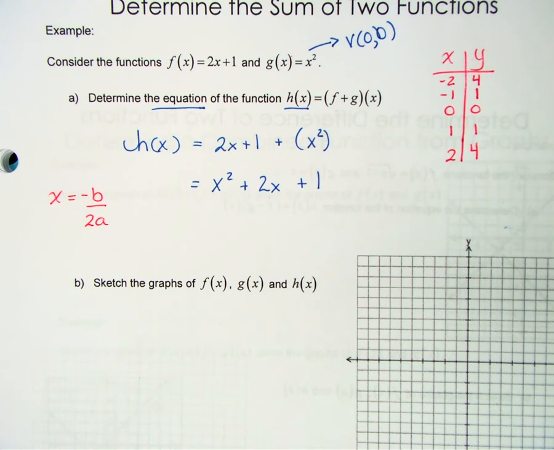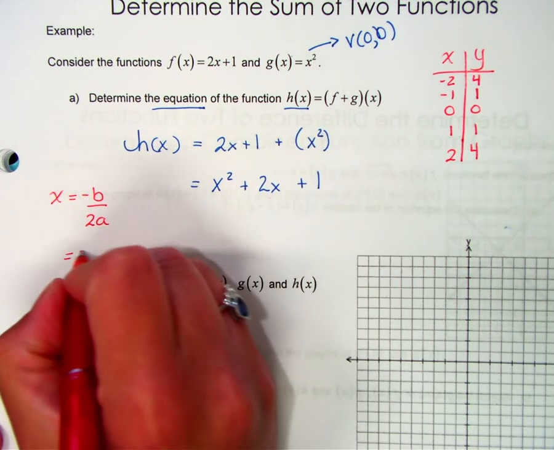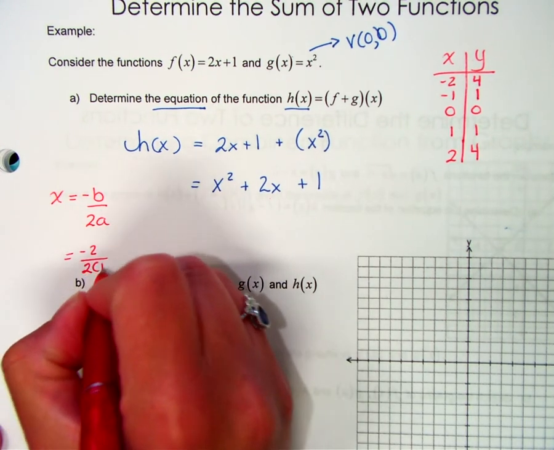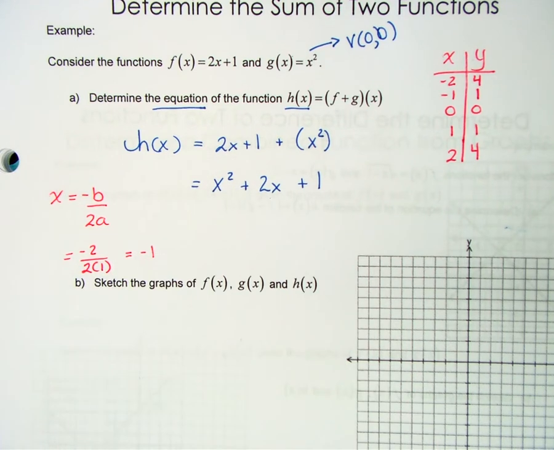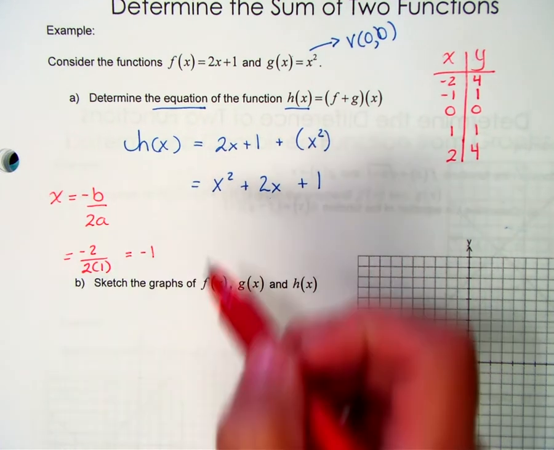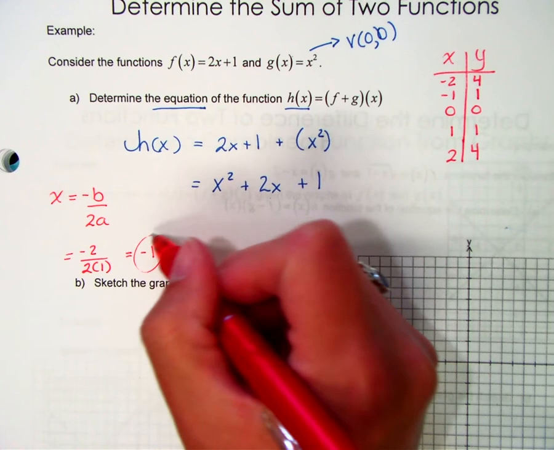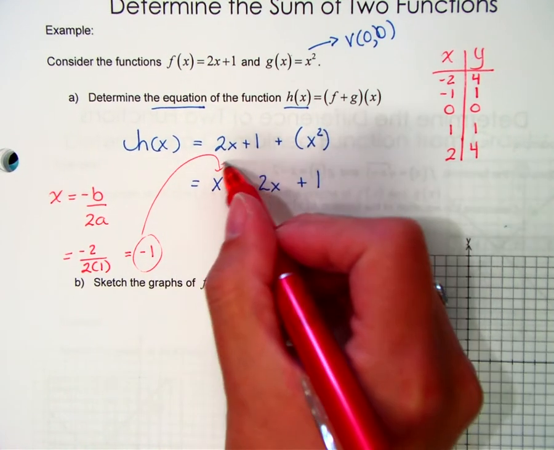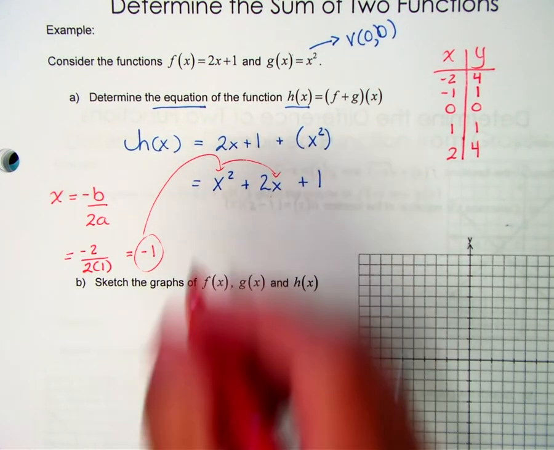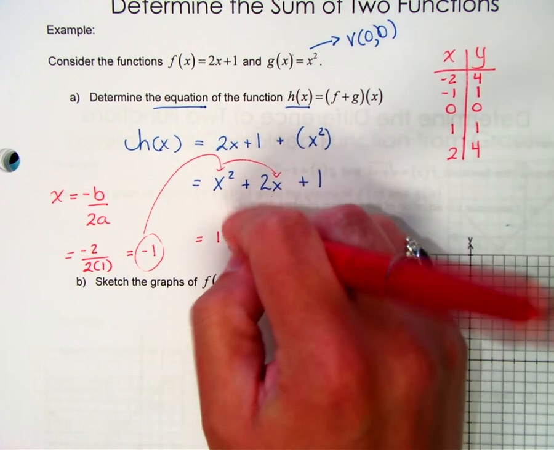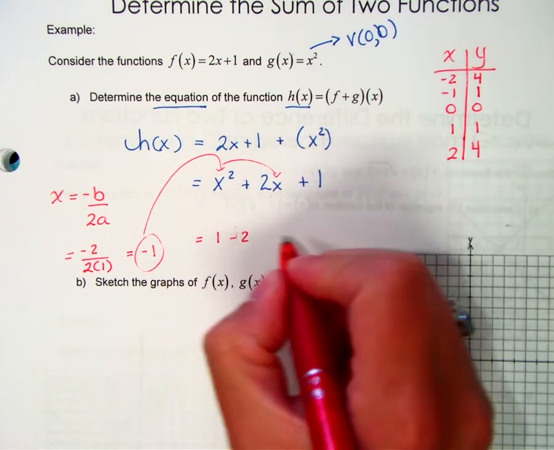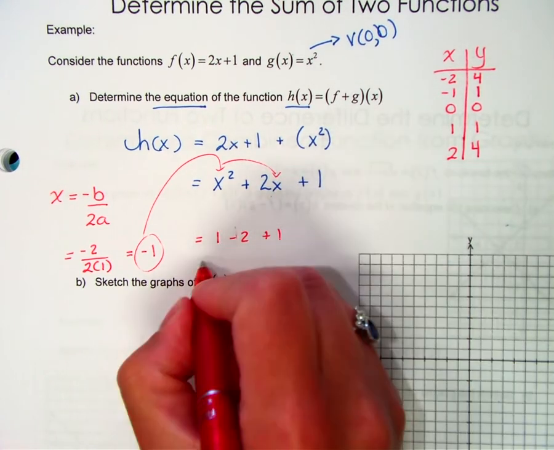That would be -2 over 2 times 1, so I get -1. That's my x-coordinate of the vertex. Then to find the y-coordinate, I'm going to substitute that -1 into the equation. So I'm going to have 1 minus 2 plus 1.